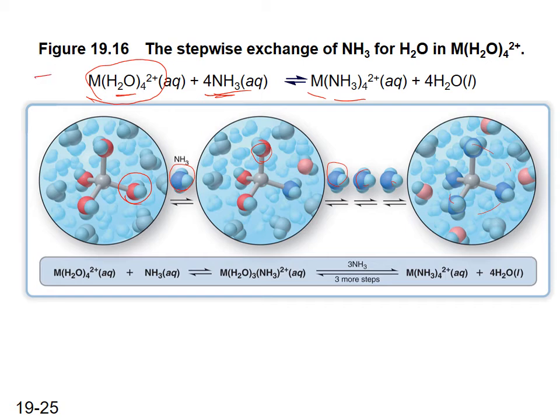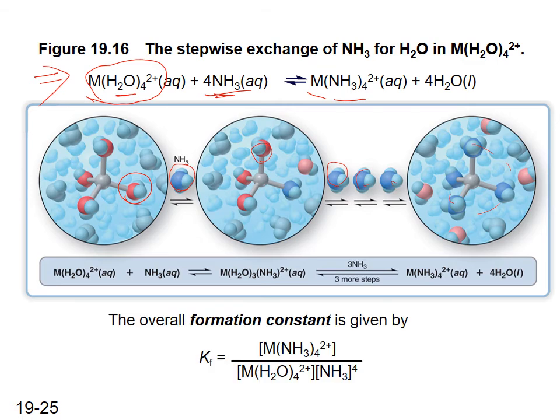Now, for the overall reaction, we can write the equilibrium constant. But since the product has liquid water, if we omit the water, then we get a new constant called the formation constant. So the formation constant is the product, not including water, divided by the reactants.